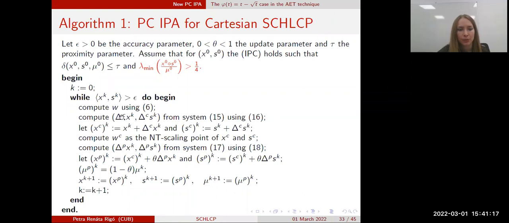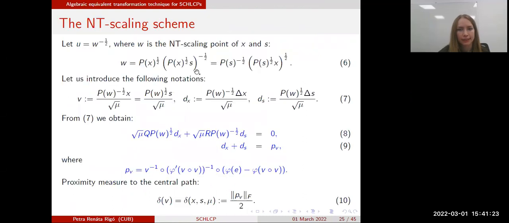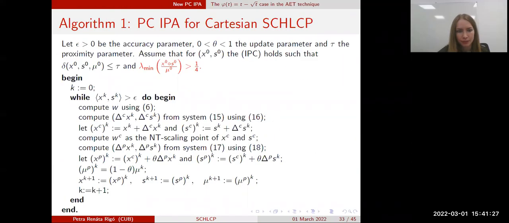We start to compute w, the scaling point of x and s, by using this 6. After that, we determine the corrector directions by using those two systems and the scaling notations. After that, we take the corrector step.